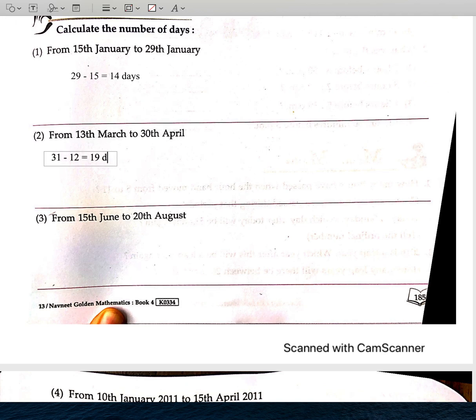So the answer is 19 days. Now to the next part, 30 days. So we have to add 19 plus 30, which is equal to 49. So that means the answer is 49 days.